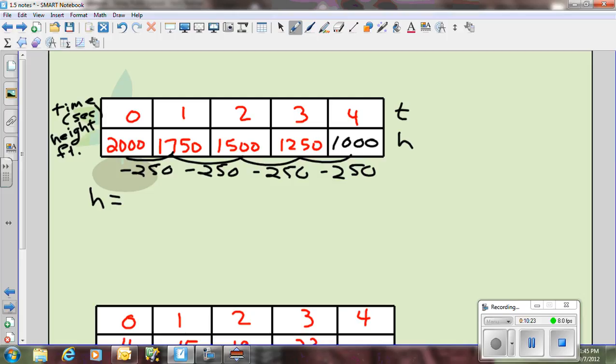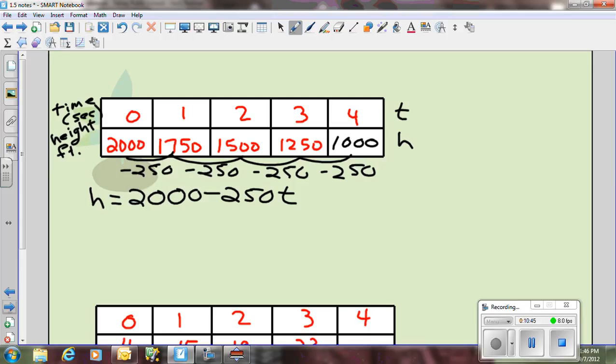It's going to be, when t is 0, it's going to be 2,000. You just have your signs mixed up. Otherwise, okay? And then every time t goes up, I subtract 250. So I say minus the 250 times t. Everybody see where I got that?